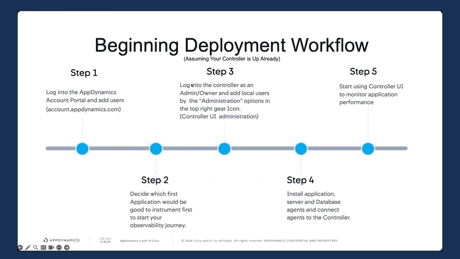And beginning deployment workflow. Okay, so try and get access to your portal account at appdynamics.com. In there, if you have an internal administration team of AppDynamics, that's where you will be added to the portal. You will have the option to raise support tickets.